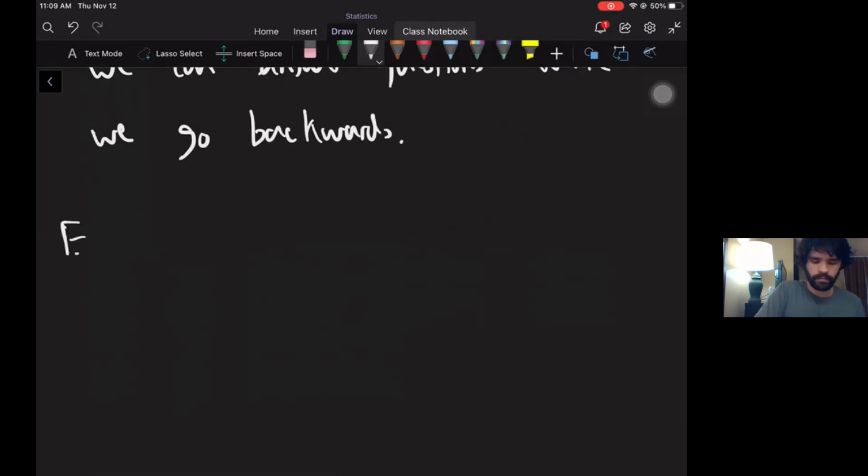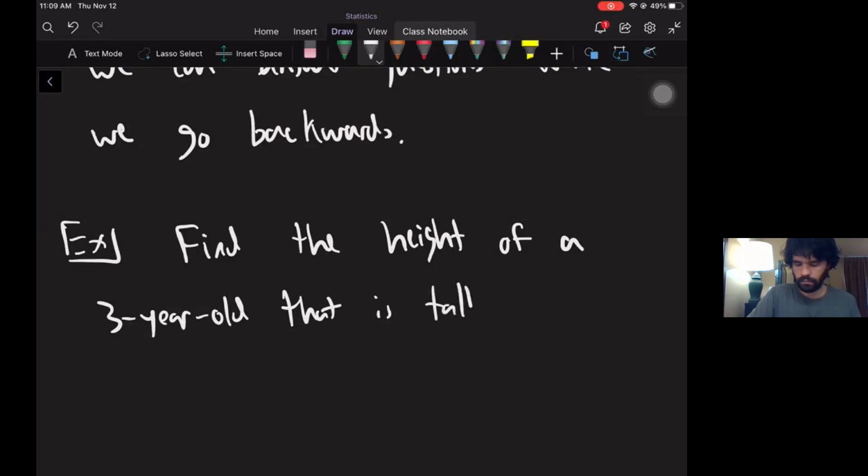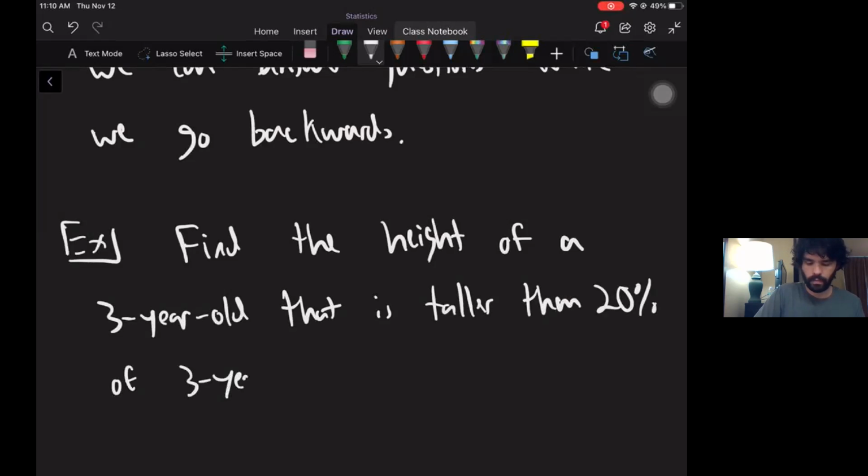We'll use the same setup, that way we don't have to start up a whole new problem. So let's do something like this. Find the height. So instead of finding the probability, we are finding the height of a 3-year-old that is taller than 20% of 3-year-olds.